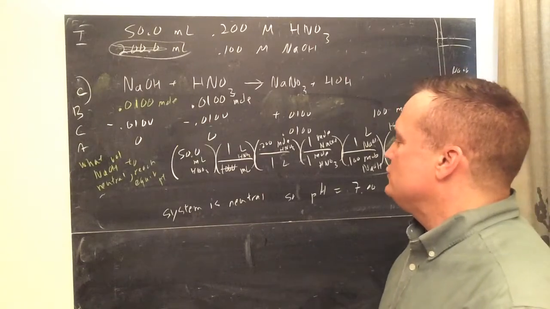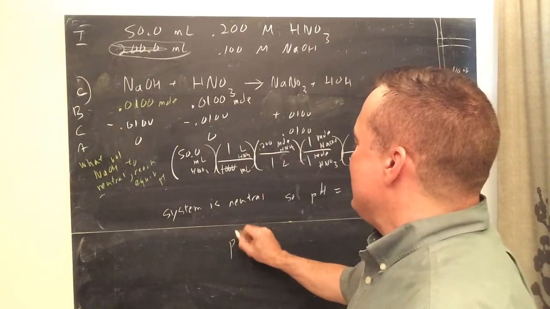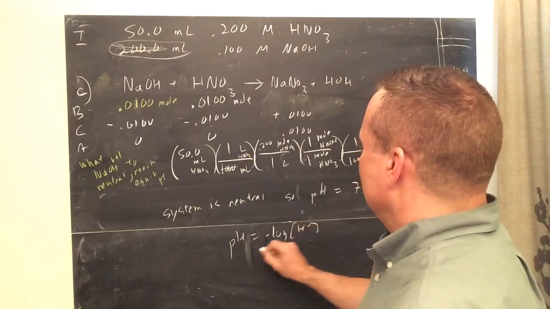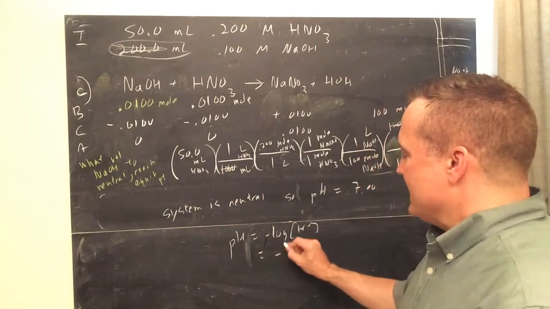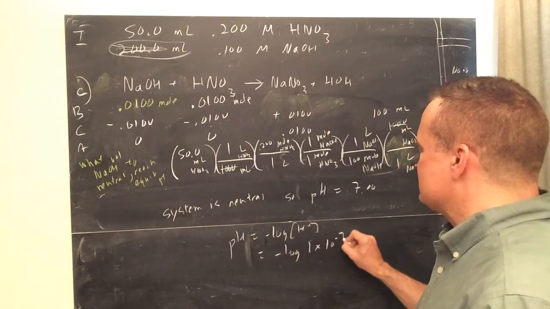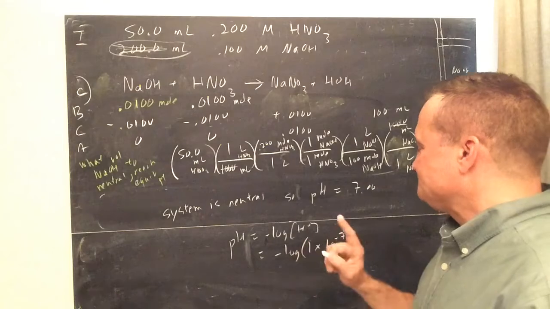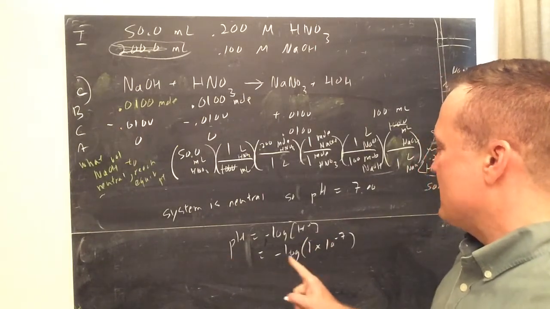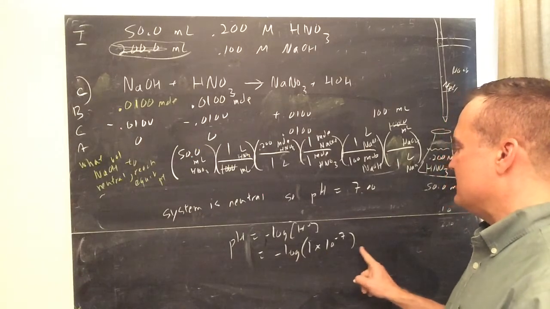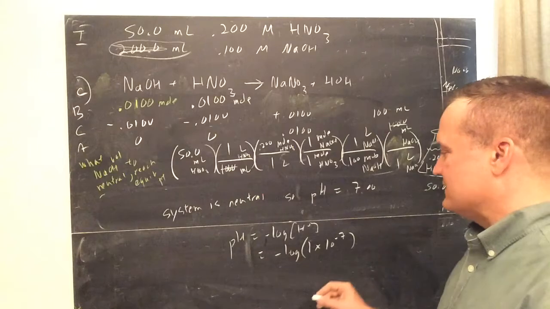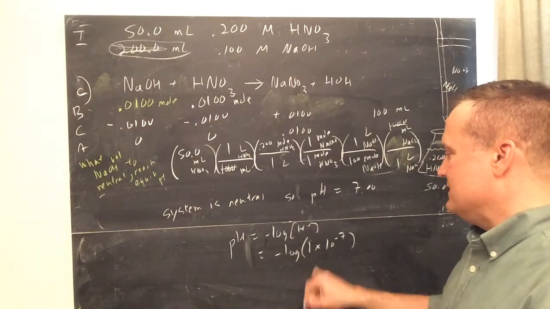Now, if you wanted to, you could say pH equals the negative log of H plus, which is the negative log of 1 times 10 to the negative 7. Remember, at 25 Celsius, H plus is 1 times 10 to the negative 7, OH negative is 1 times 10 to the negative 7, and together they give you 1 times 10 to the negative 14. So that has to be the pH.